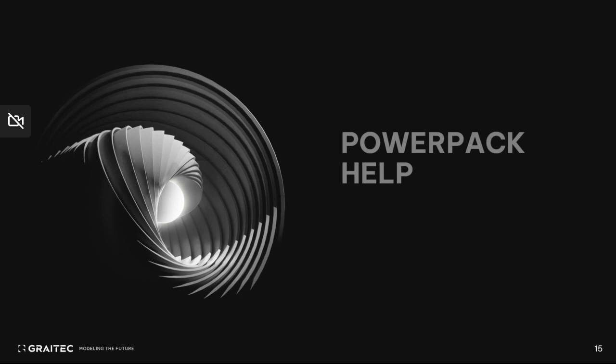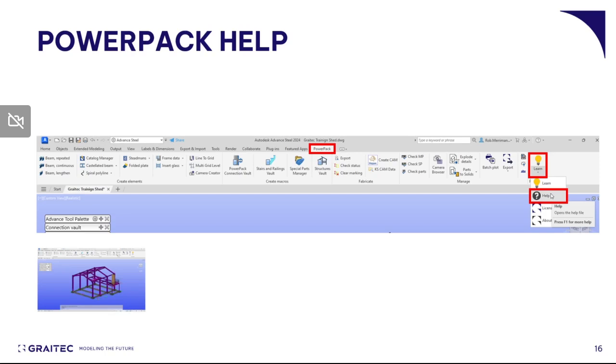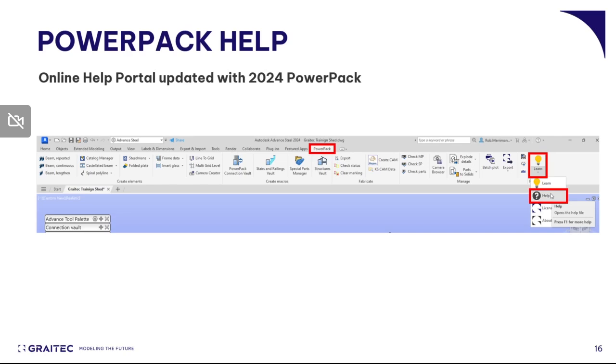And the final tip we're going to look at is the PowerPack Help page. The help portal was updated with the 2024 PowerPack. You access it from your ribbon, you see the Learn drop down, and you've got Help.